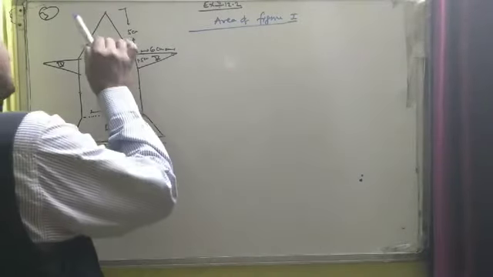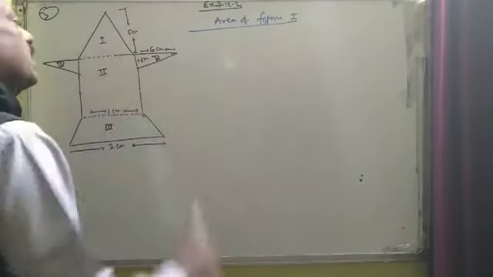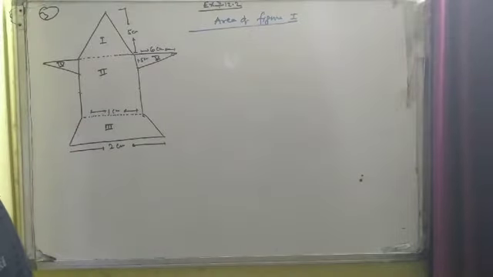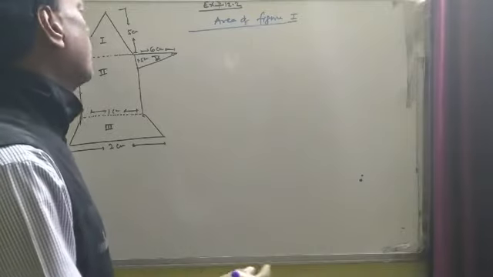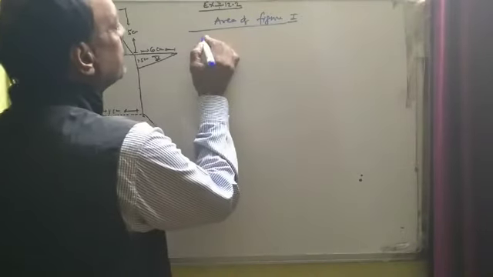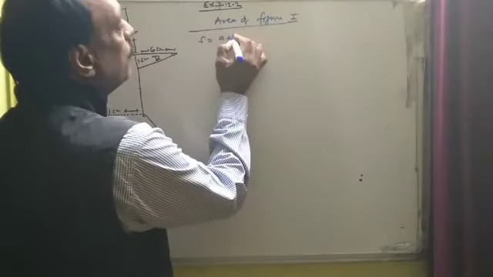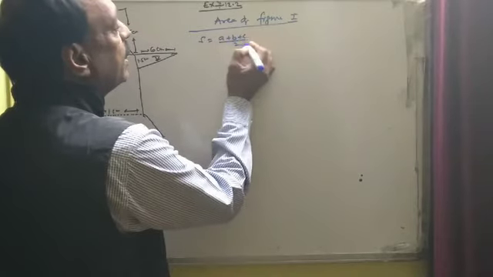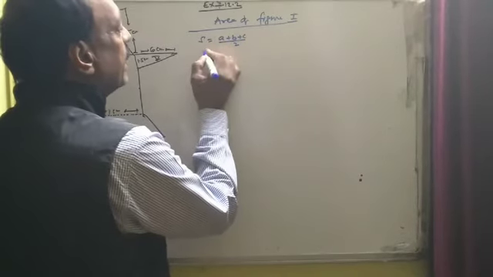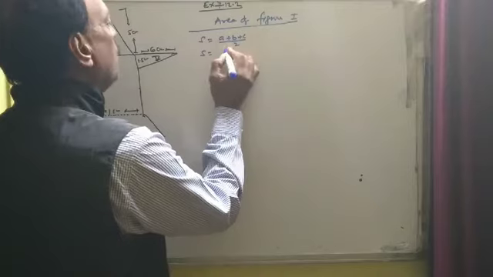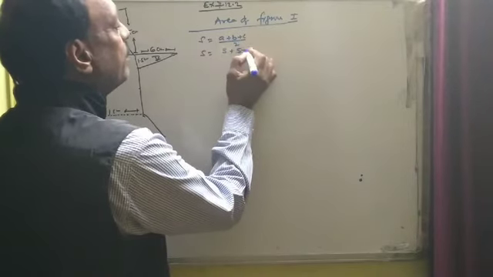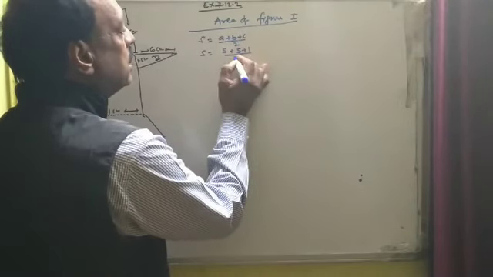So we have to find out the area of this triangle by using Heron's method, because three sides are available in figure number 1. So at first find S, and you know the formula (a plus b plus c) by 2, and for S it is (5 plus 5 plus 1) upon 2.